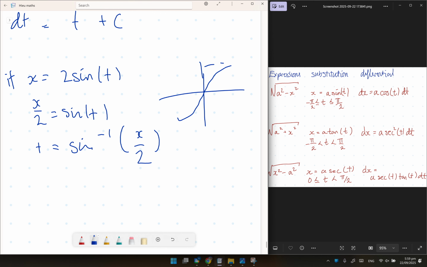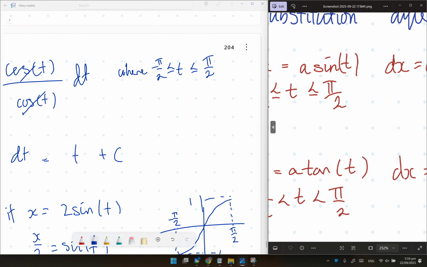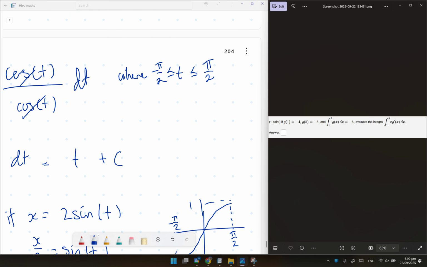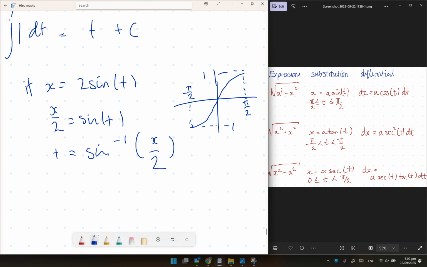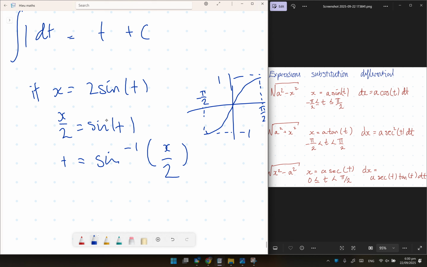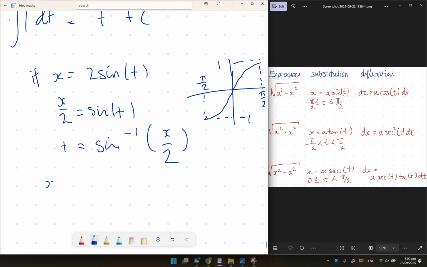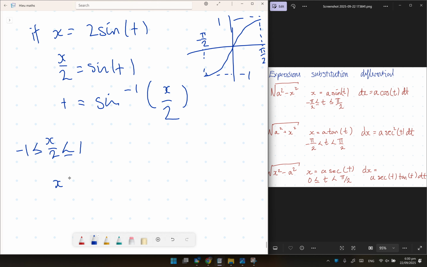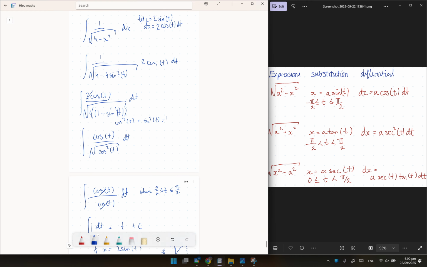The maximum here is 1, and the minimum here is -1, at minus pi over 2 and pi over 2 in this range. So x over 2 cannot be smaller than -1, because the graph can't go below -1, and it can't be larger than 1. We times 2 to everything, so x cannot be smaller than -2 and cannot be bigger than 2. That should be the final statement of our answer.